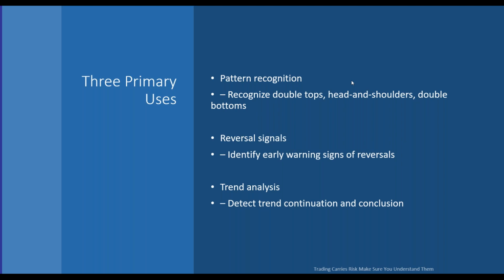So you want something that's going to help you see and prepare for these non-random periods. And when you're in those periods, you also want something to warn you when the randomness is coming back, or in other words, the trend is ending or concluding.